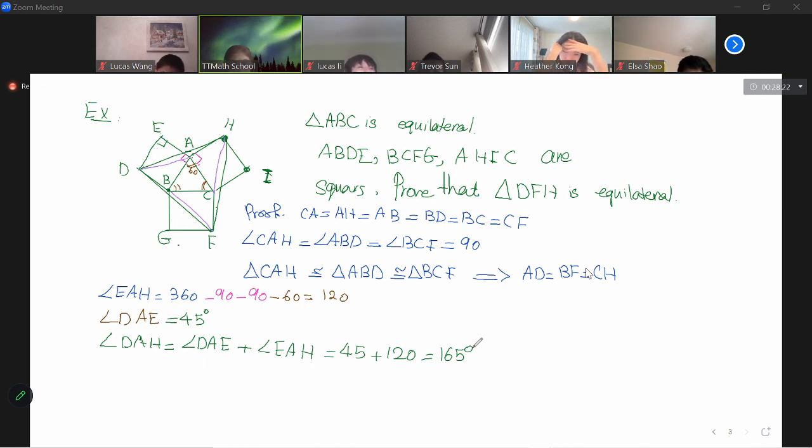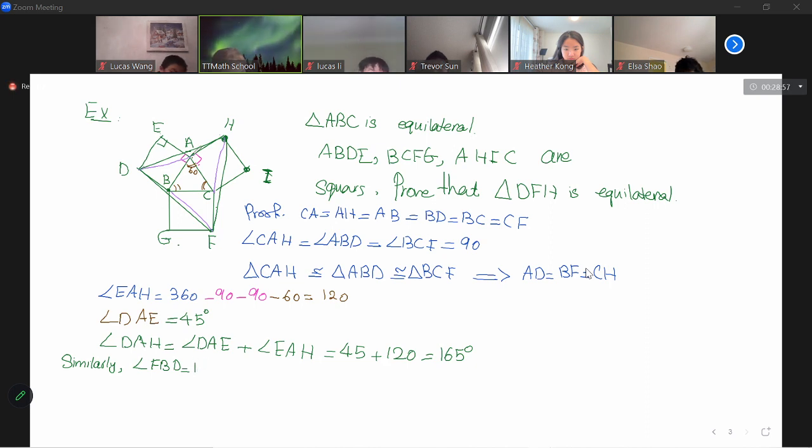Okay, so this shape is kind of symmetric. Whatever happened at vertex A, a similar thing happened at vertex B and also at vertex C. So similarly, the angle FBD is also 165.